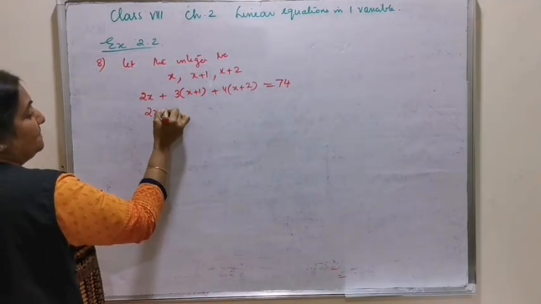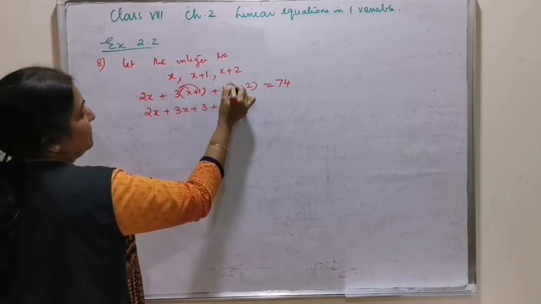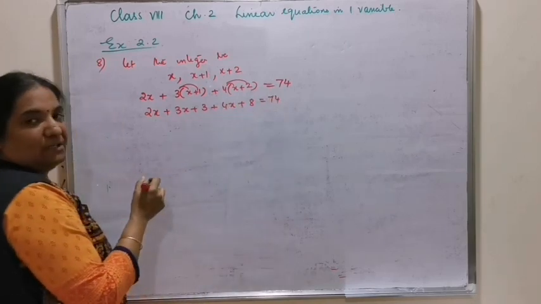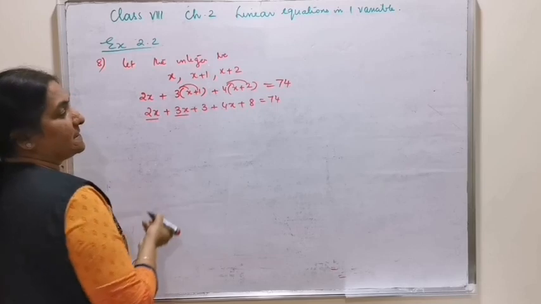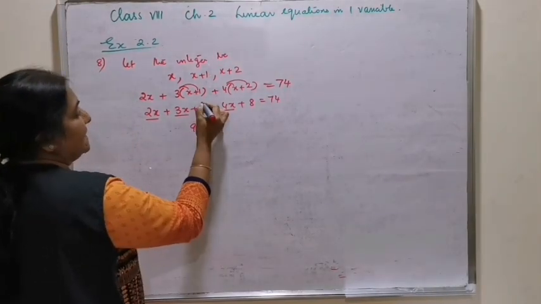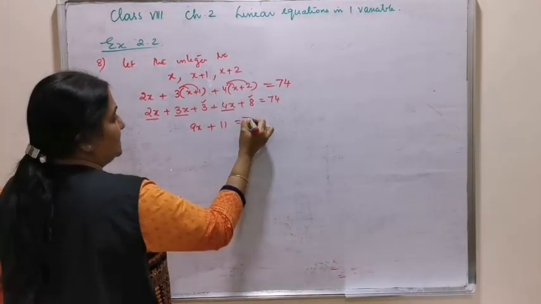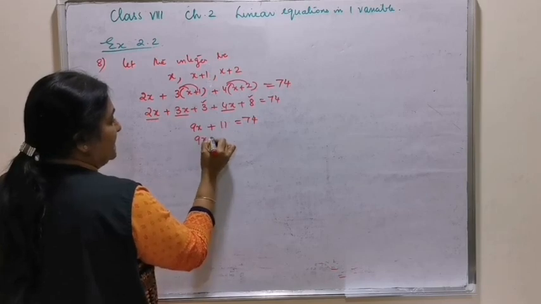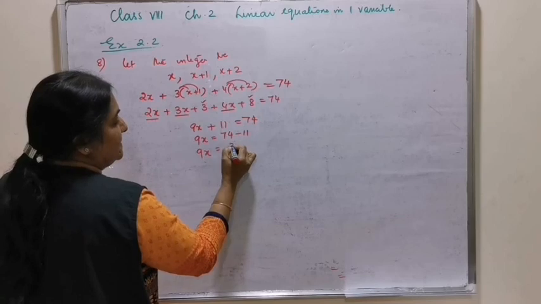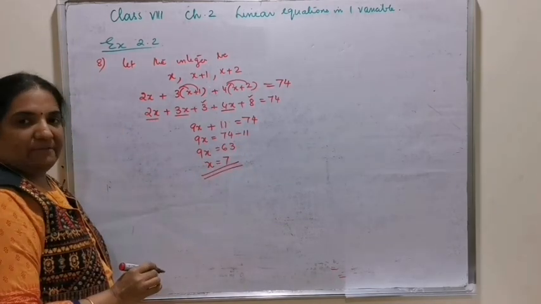So 2x plus 3x plus 3 plus 4x plus 8 is equal to 74. 2x plus 3x is 5x, plus 4x is 9x, plus 3 plus 8 is 11, is equal to 74. 9x is equal to 74 minus 11. 9x is equal to 63 or x is equal to 7, 63 divided by 9.